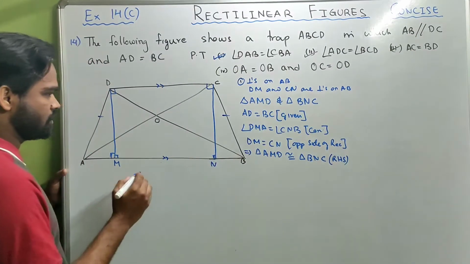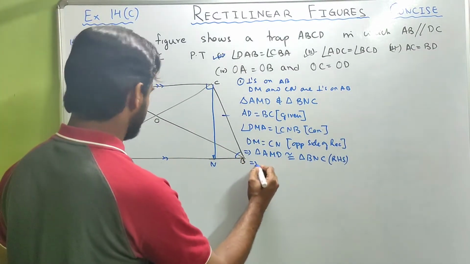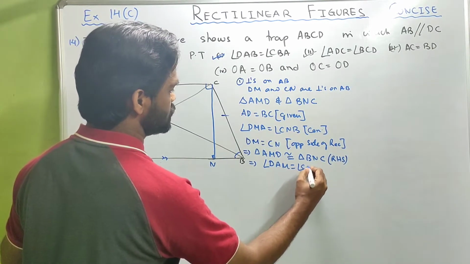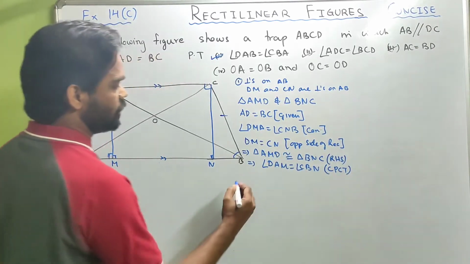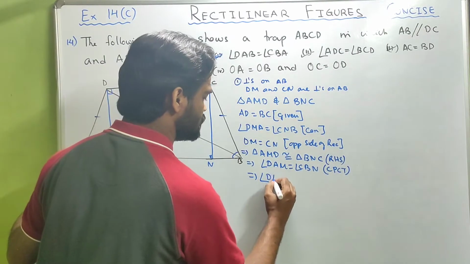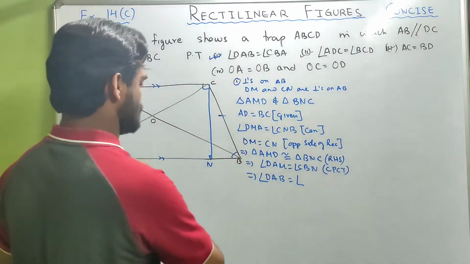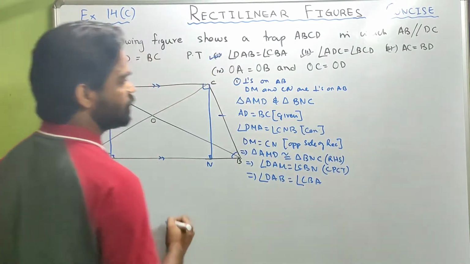And if these two triangles are congruent, we can say that this angle and this angle are equal, which implies angle DAM is equal to angle CBN by CPCT. And if you look carefully, DAM is nothing but DAB, which implies DAB is equal to CBN, which is nothing but CBA. Okay, first part is done.